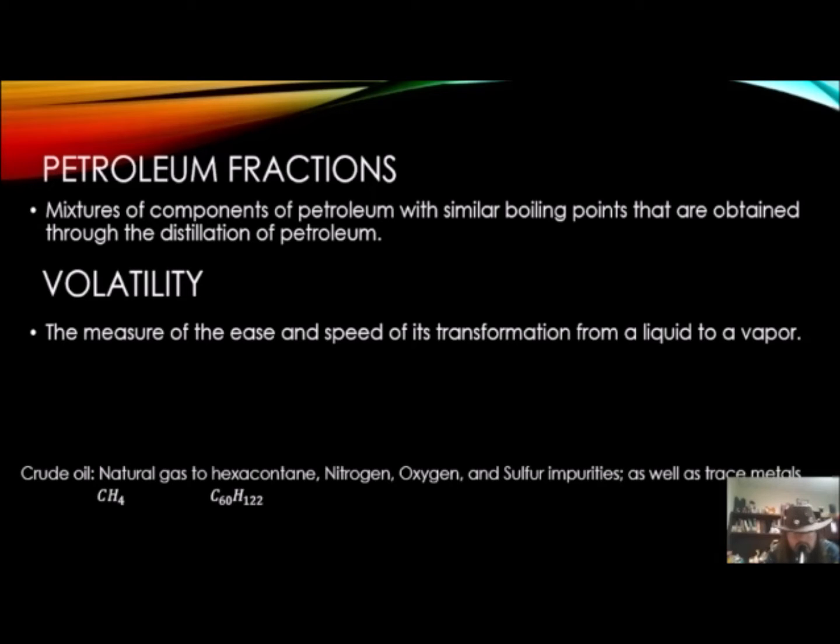Crude oil also can contain nitrogen, oxygen, and sulfur impurities in the presence of various organics, as well as some trace metals that are found with these organics. All these things need to be separated out before we can really use crude oil. The volatiles from C5 to C20 with various branching groups can all be useful fuels for us.